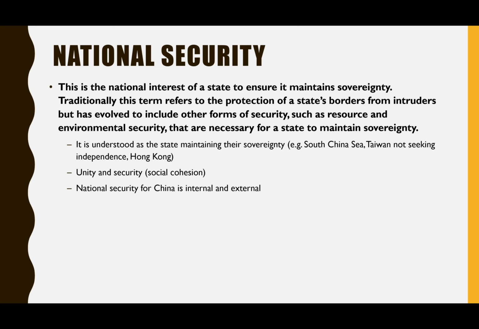So here we are moving beyond that traditional type of security, that it isn't just about maintaining your sovereignty, like for China, protecting the South China Sea, trying to prevent Taiwan and Hong Kong from seeking independence. It is about protecting themselves from external threats.